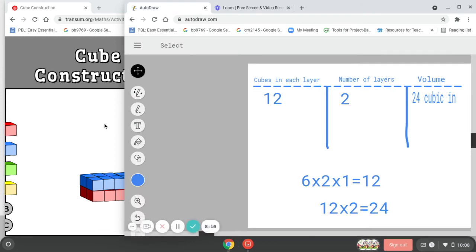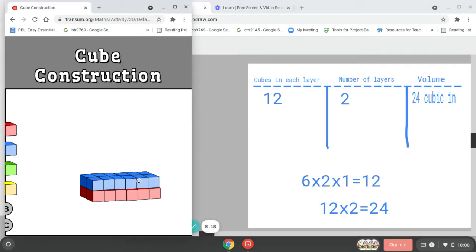So now we're going to do the same thing, but create a new figure. Again, still using the 24 unit cubes, we are going to create a new figure which will have the same volume.